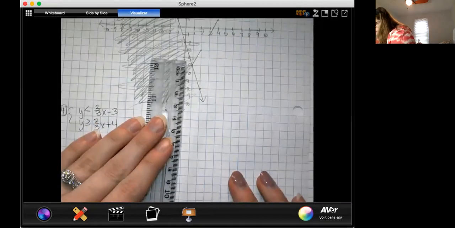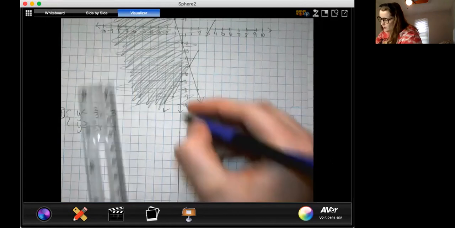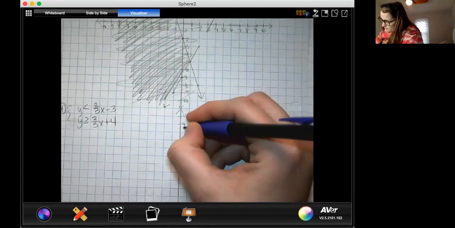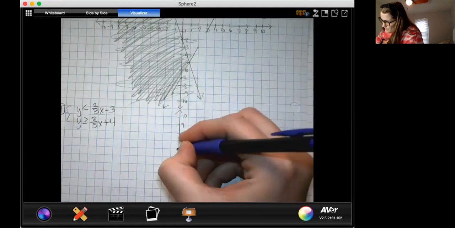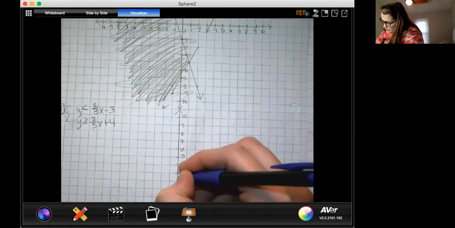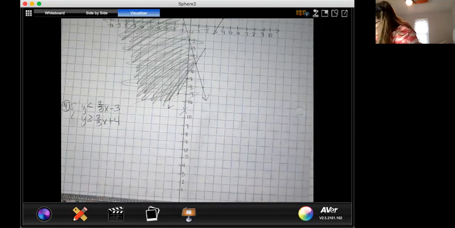So we'll obviously first start with your grid. Remember, they should not be overlapping, especially with inequalities, because you're doing shading, so shading cannot overlap on itself.